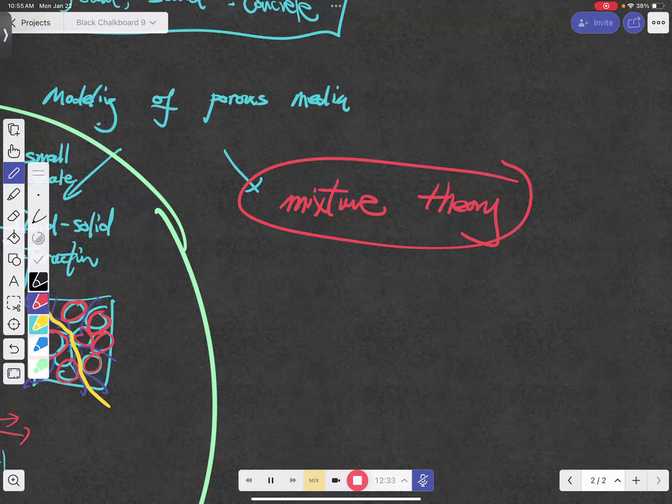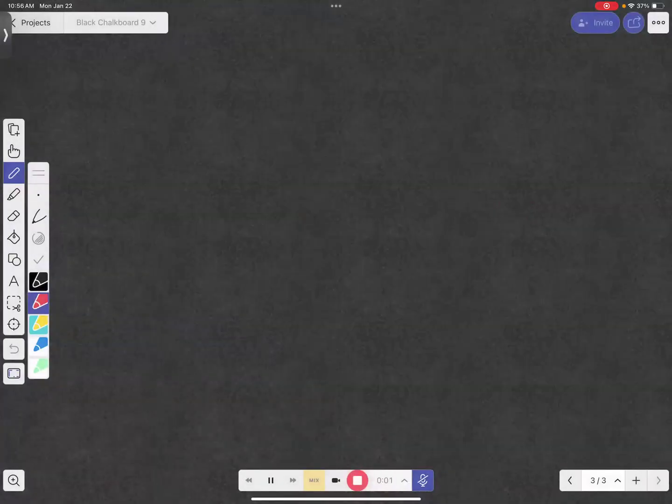In fact, if you study solid mechanics, you are also modeling with mixture theory. You never explicitly model the liquid as individual molecules or the solid as individual molecules. You model it as a mixture material. Okay, so far so good. Now we have the mixture.